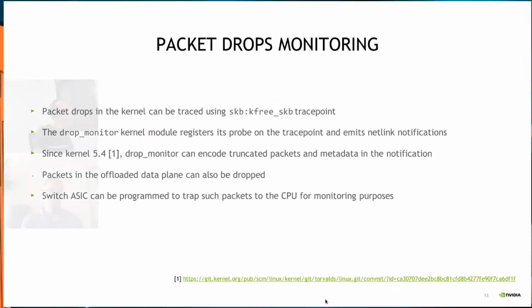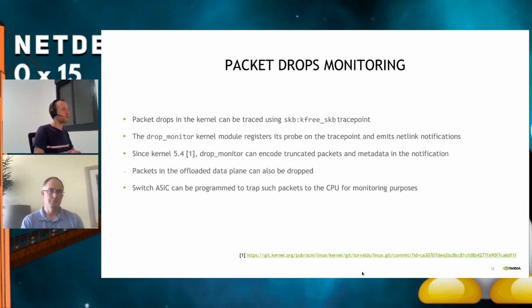This slide shows a very high-level overview of how monitoring of these drops happens in the kernel. For monitoring of software originating drops, we have the drop monitor module that registers its probe on the kfree_skb trace point. And this allows us to monitor drops that occur throughout the networking stack, whether it is in the VXLAN module, the bridge module, or the IPv6 module.